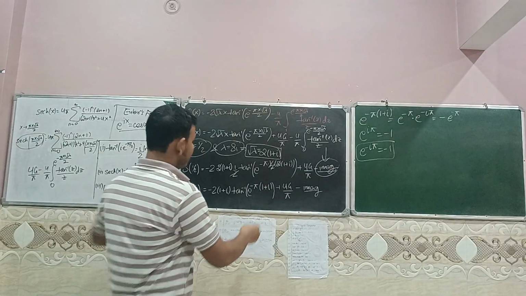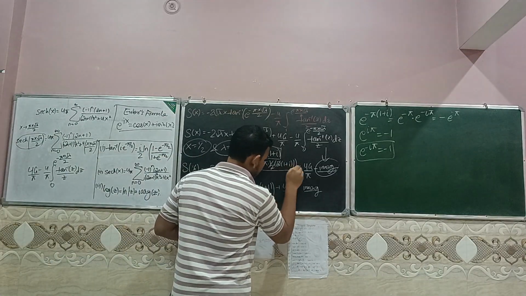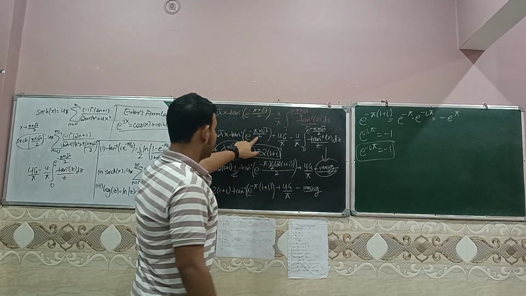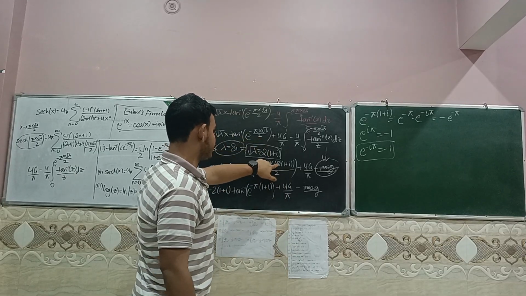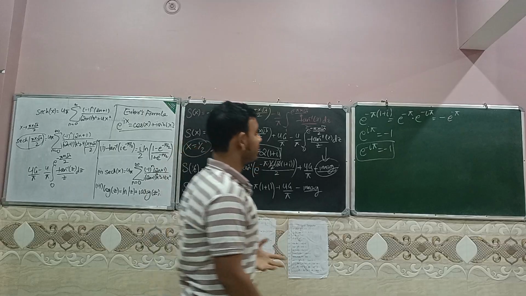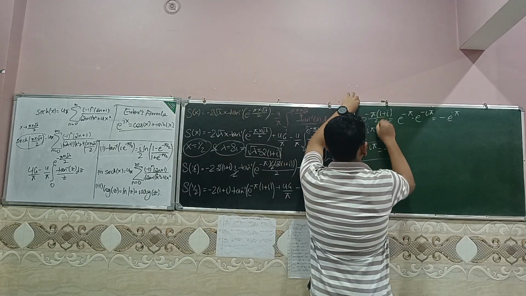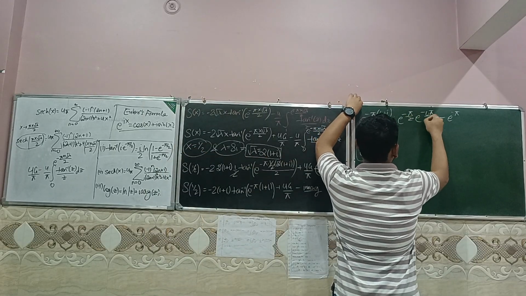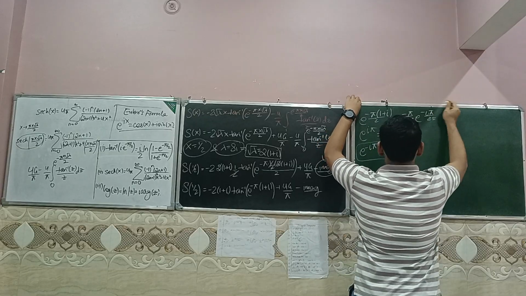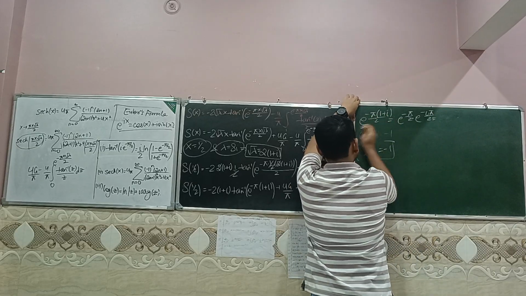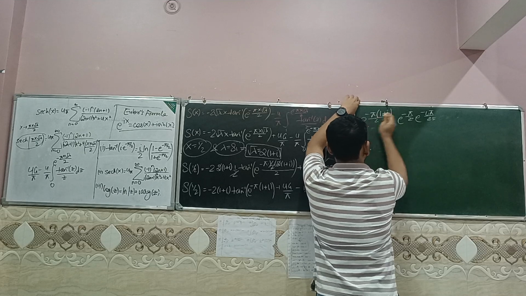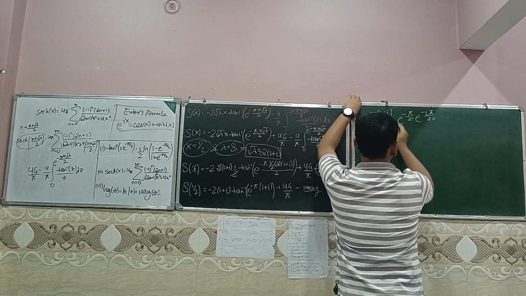I'm sorry, guys. There was a 2 in the denominator rather than these two things. So yeah, that is what I was missing. So this was 2, 2 and 2. Let's not talk about this Euler's formula or Euler's identity.